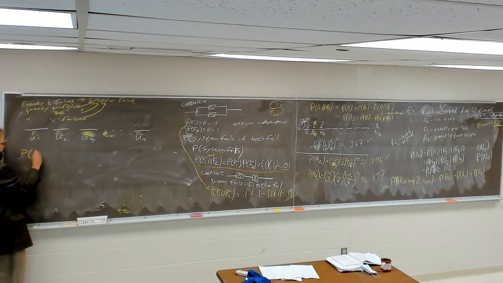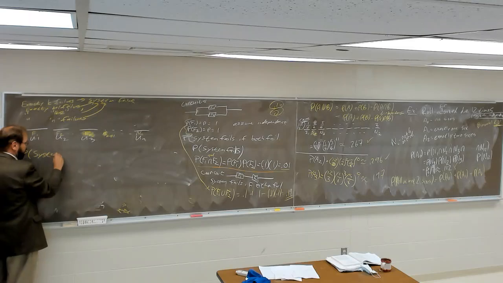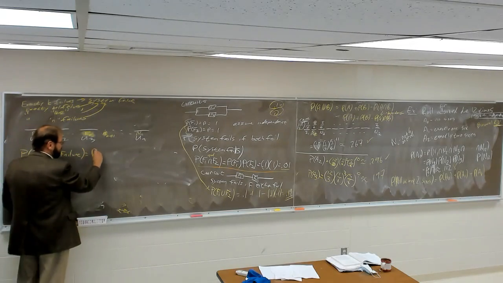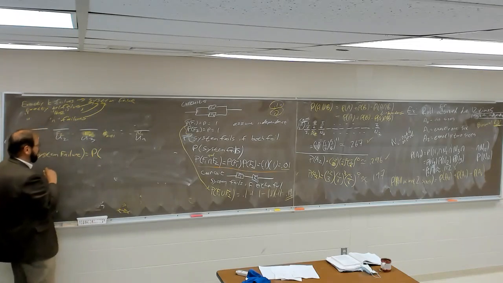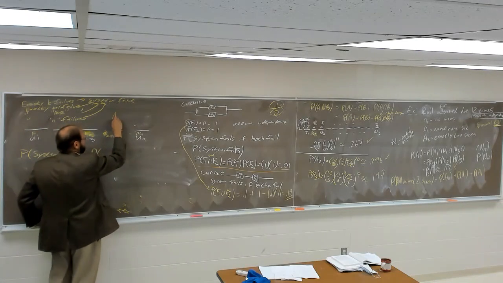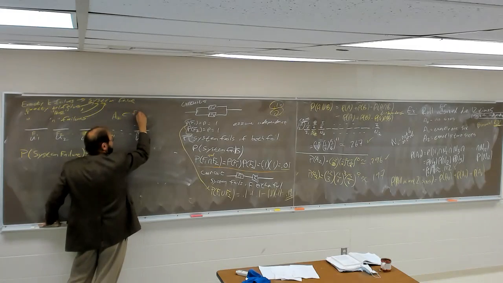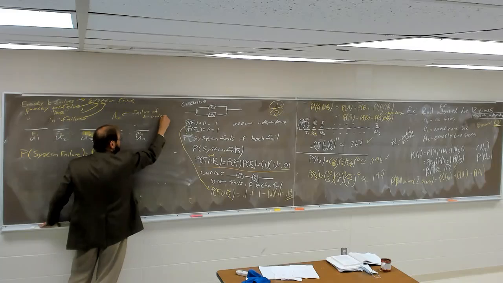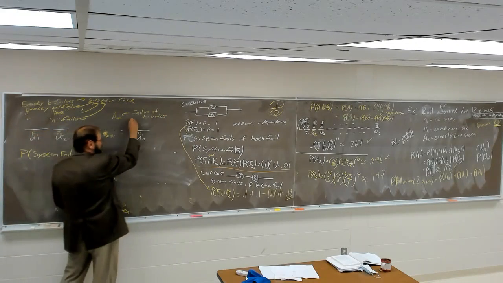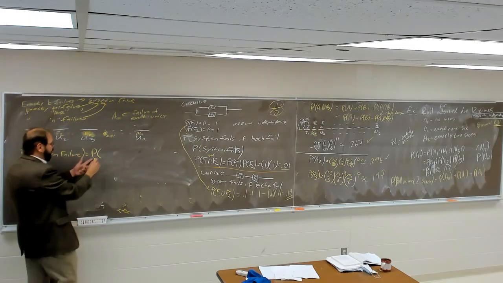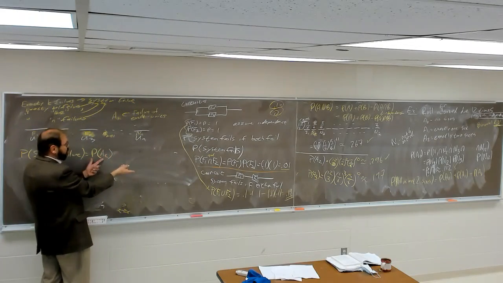If I want to know the probability of a system failure, I'll probably want to add together the probabilities. Let's let A_K be the failure of exactly K units. So I'll figure out, okay, what's the probability that K units fail?